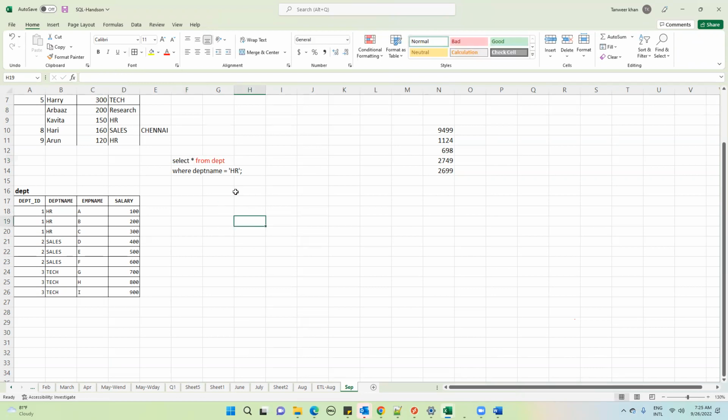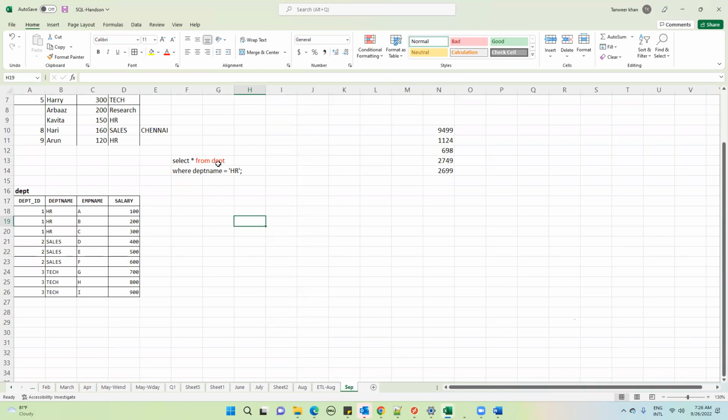You will be thinking, Tanveer, first of all, you have written select. Then why does the SQL engine pick from first? I will answer all these things down the line. But whenever you are executing any SQL query, first of all, your SQL engine will pick the from keyword. Okay. And I will give you the reason as well why it happens. So from department, the SQL engine will see that the user wants some data from which table?